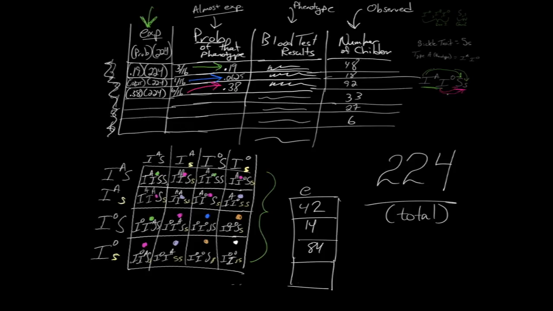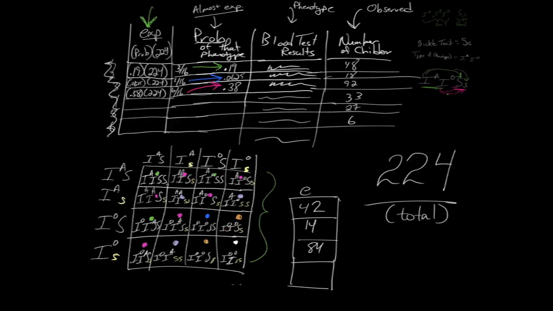So now the fourth one says type O sickle cell trait. How do I get type O? I-O, and then sickle cell trait. So I-O, big S, little s. We get how many? 2.